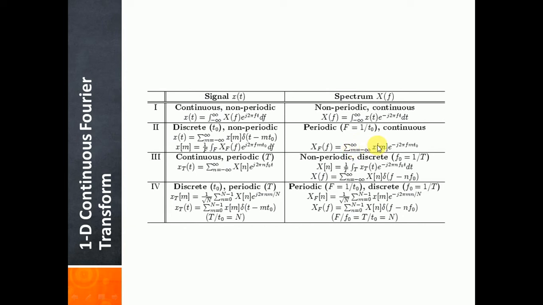And that's why you don't have x of t, you have x of n. If the signal is periodic, again, notice over here, the same thing is limited over one time period, where n over here is signatory to that time component.